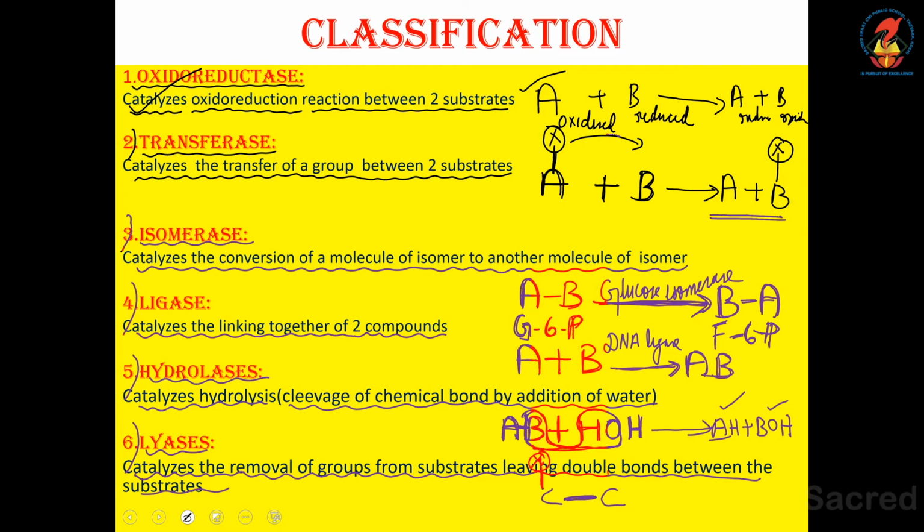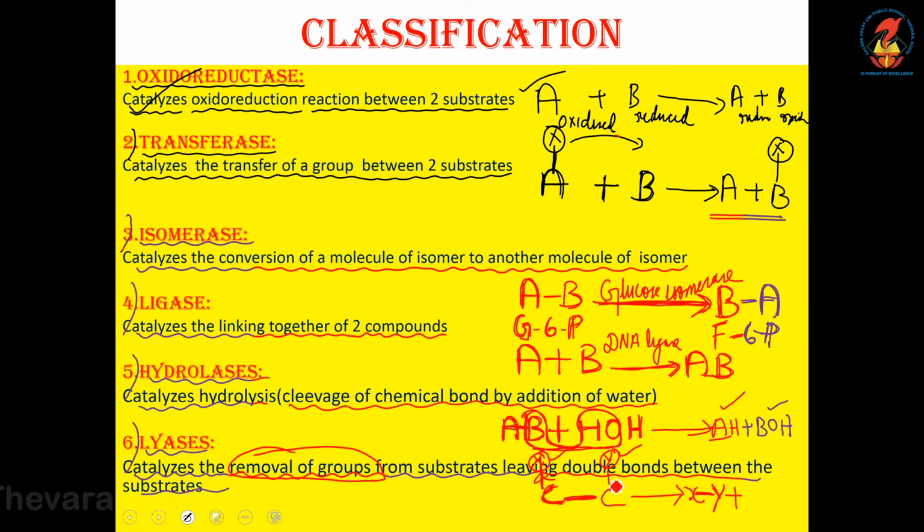Let this be X and the functional group attached to this C be Y. Now, what happens here? It is a removal of the groups. So, X and Y are going to be removed and they form one product, plus the second product will be the two C's.